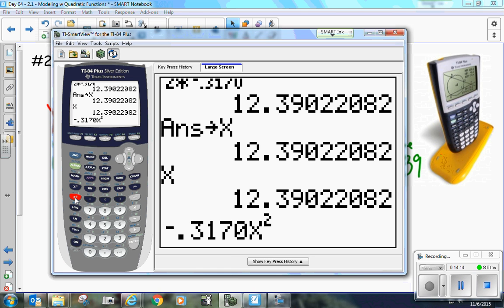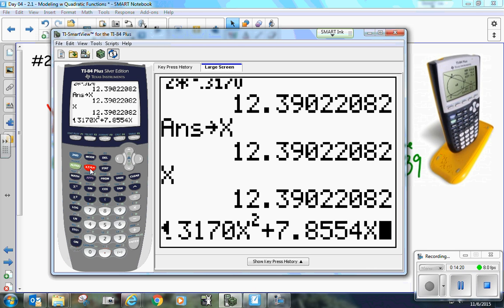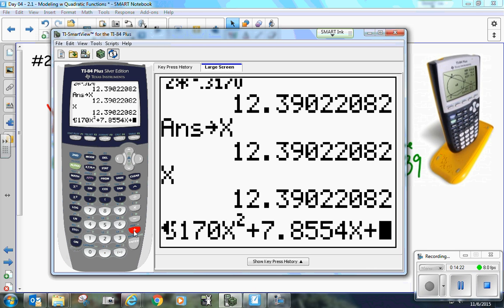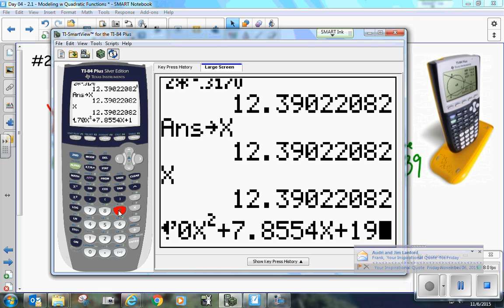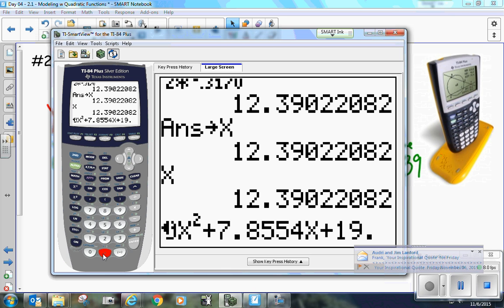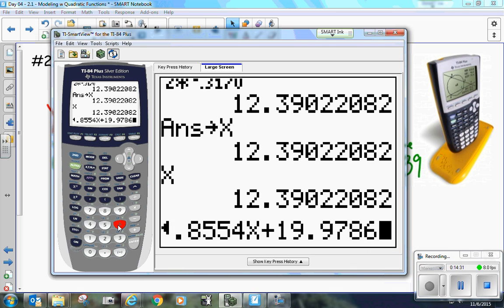What was next? Plus 7.8554x, right? Plus, what's the last thing? C. 9786. What did you guys get when you hit enter? I'm going to wait a second. You guys look at it. I'll make sure you guys see.